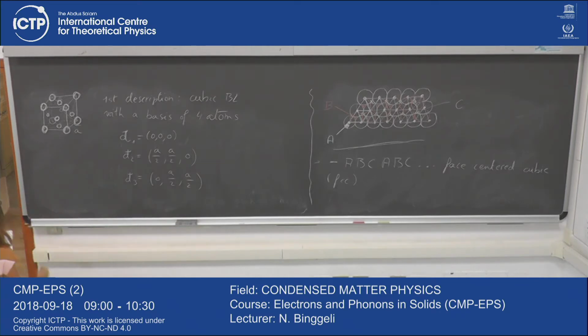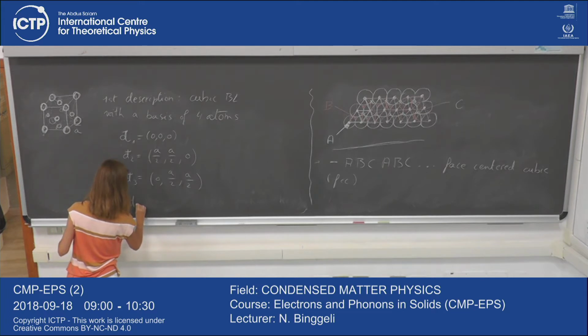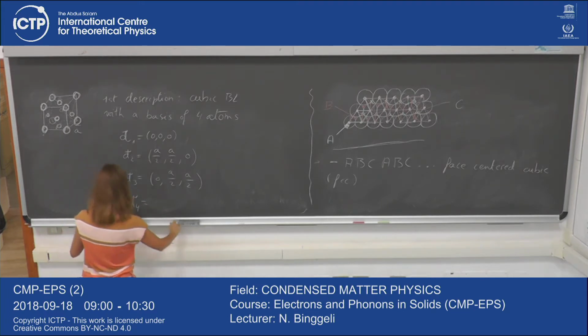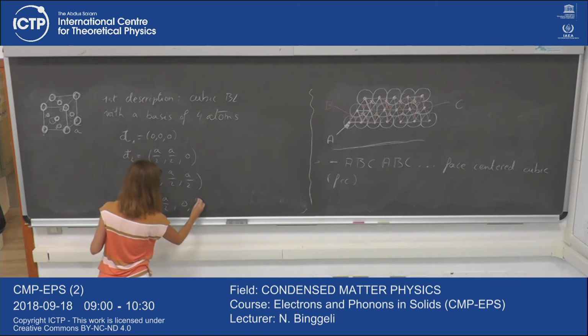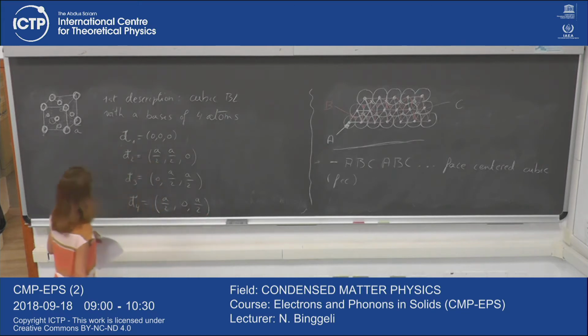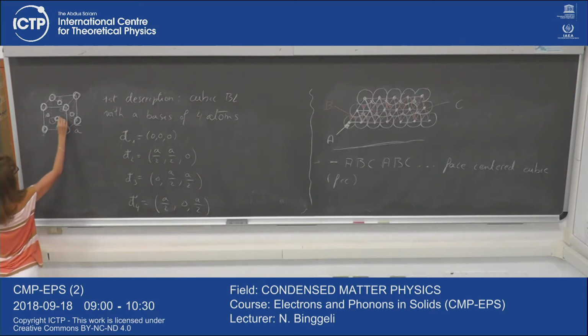So this would be the atom number 2. This is the atom number 3. This is 1. And the atom number 4 would be a/2, 0, a/2. So this is the atom 4 here on the front face.